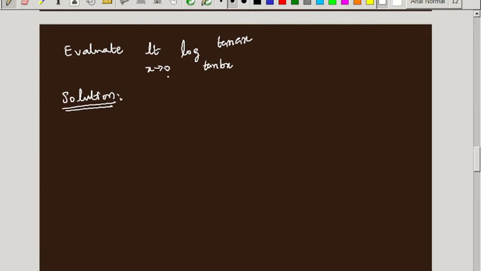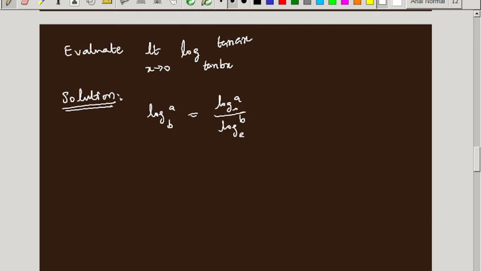Limit x tends to 0, log tan ax base is tan bx. So this is the form of log a base b. So here with help of any base we can modify this one. We can write it as log a dividing by log b. Base we can write it as 10 or we can write it as e also.